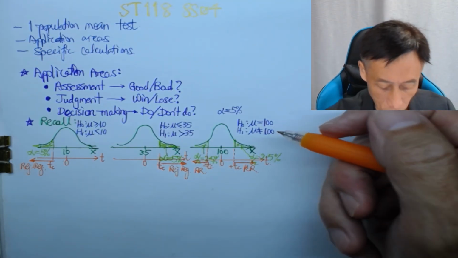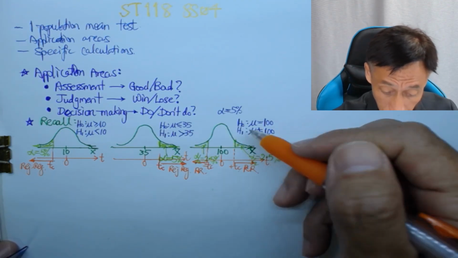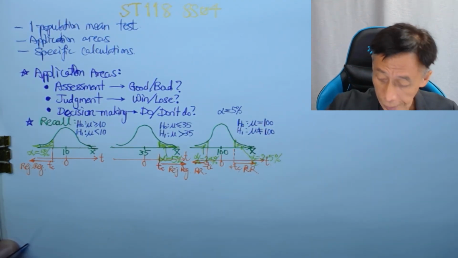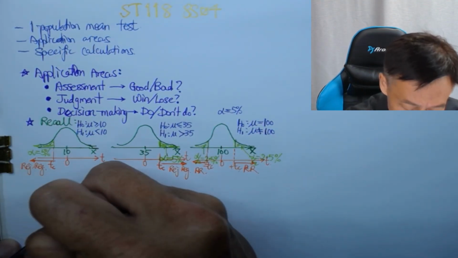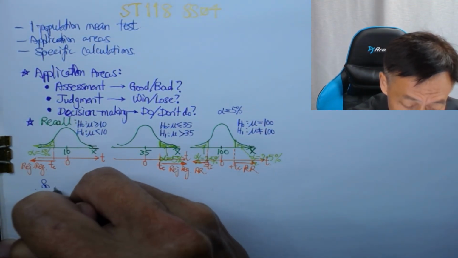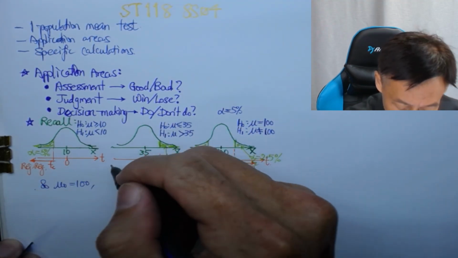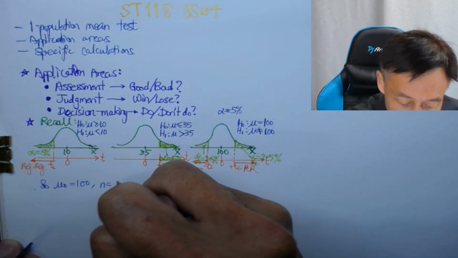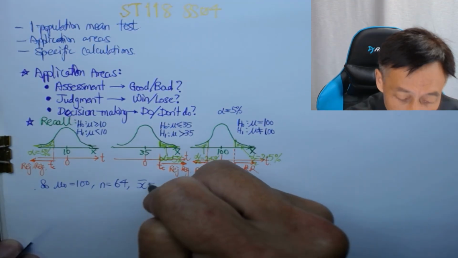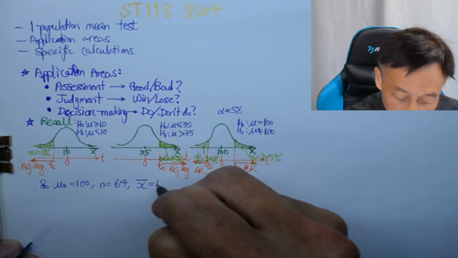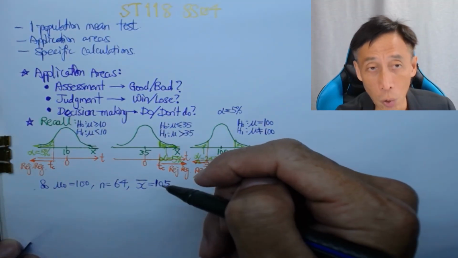Okay, so let's consider the third case here, right? And by filling in some numbers, so mu naught is 100. N is, for example, 64. Let's assume that X bar from the sample is 105. Of course, in real life, you will get a file of all the raw numbers.